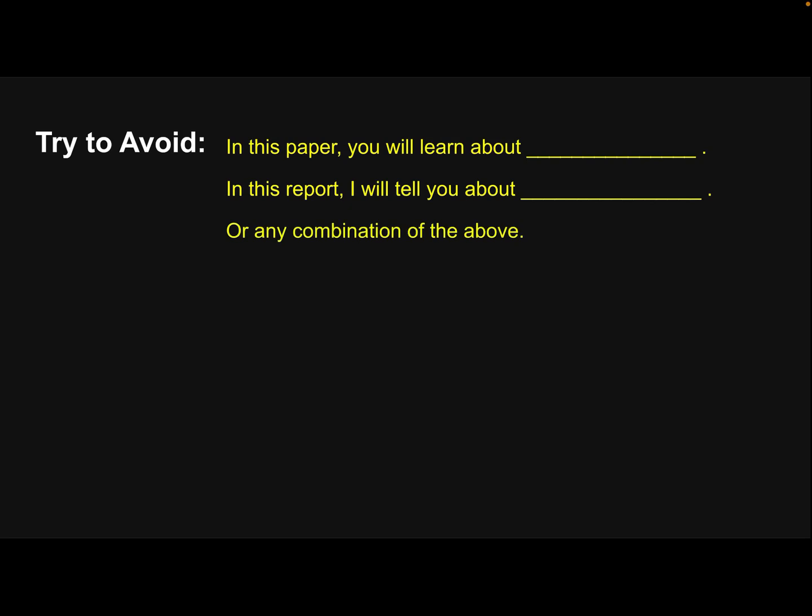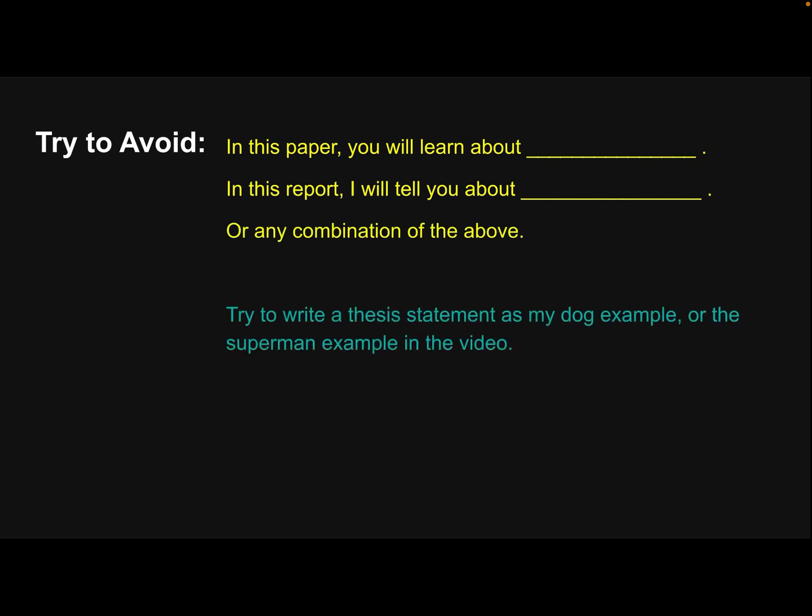You don't need to say you will learn about. You can just say dogs are fabulous because, and give the reasons. Hunting is fun because, and give the reasons. You can say that dolphins are interesting because, and give the reasons. You don't need to say I'm going to learn about or anything like that, okay?